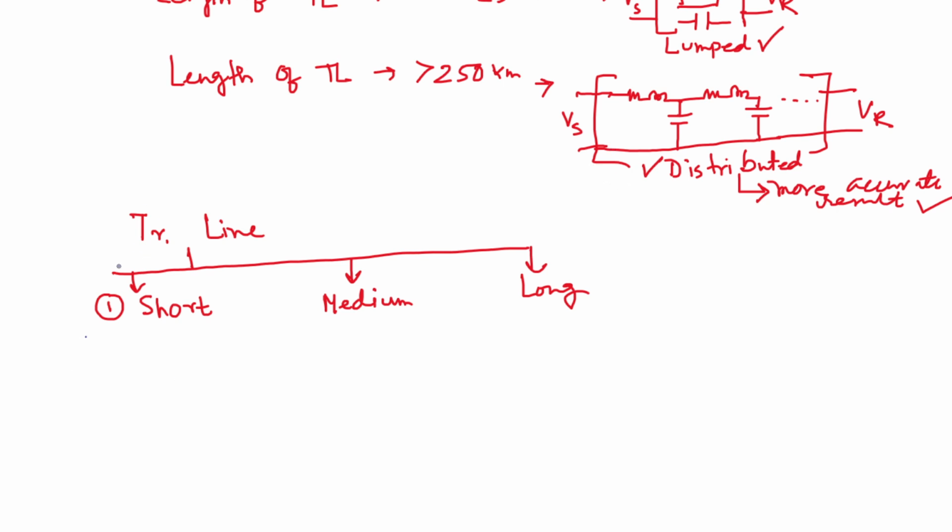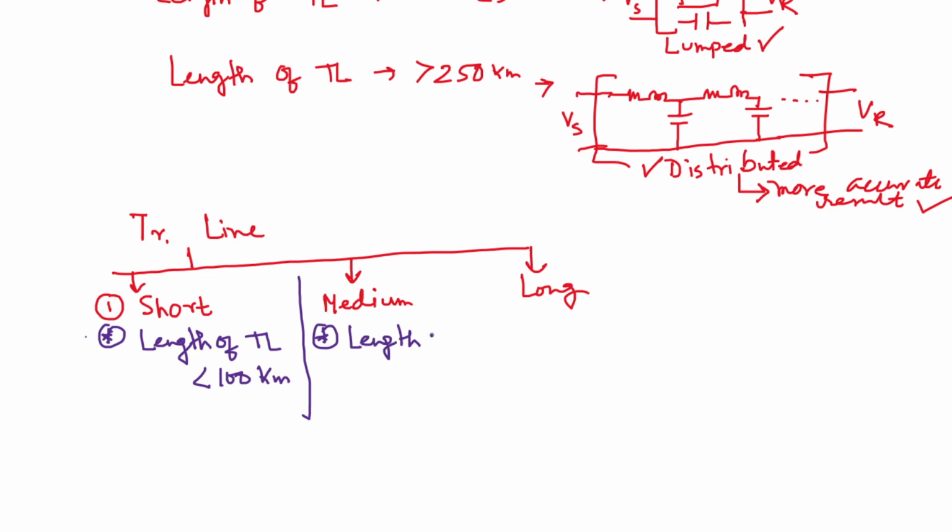In a short transmission line, the length is typically less than 100 km. In a medium transmission line, the length is between 100 and 250 km. And in a long transmission line, the length is greater than 250 km.